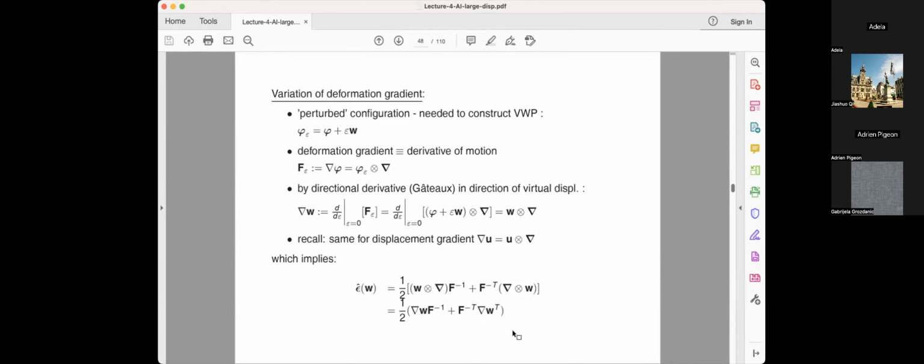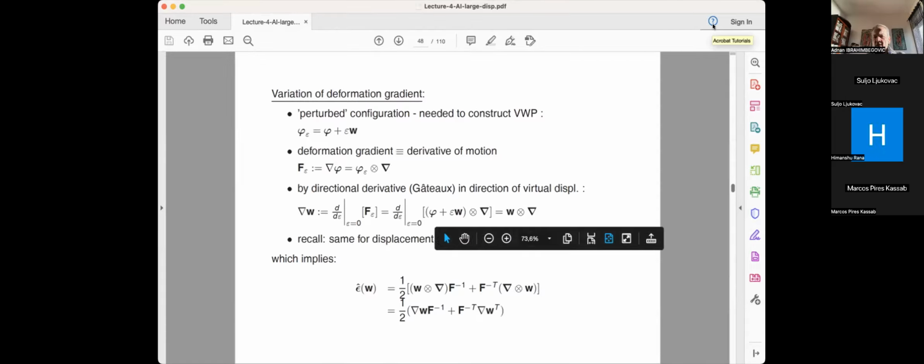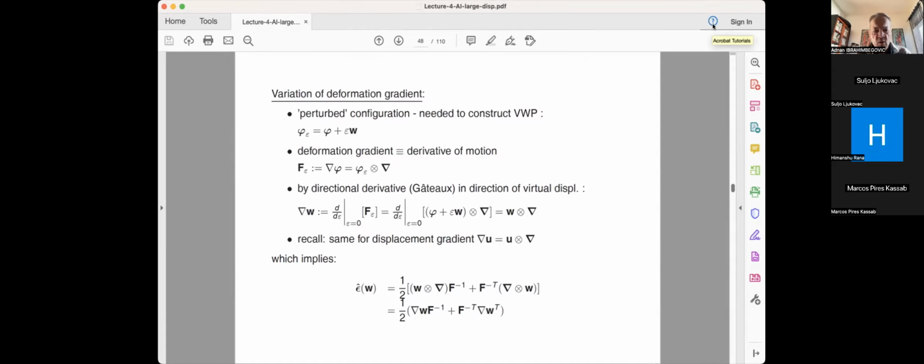So this will be called, in the agreement, basically, that you have a perturbed configuration, the one that I constructed by adding on top of a deformed configuration φ the virtual displacement w. Here they might be multiplied with some kind of small parameter ε, so that I can have, let's say, the corresponding value of displacement to be small.